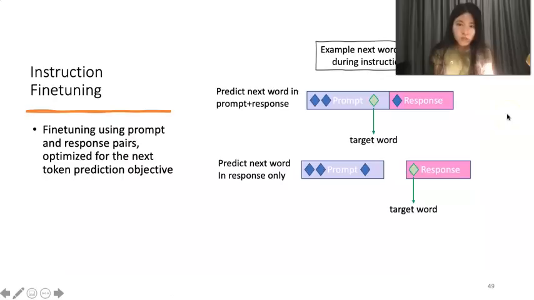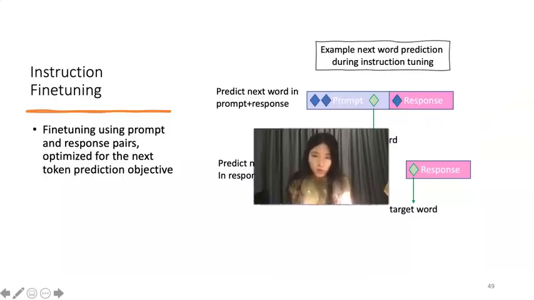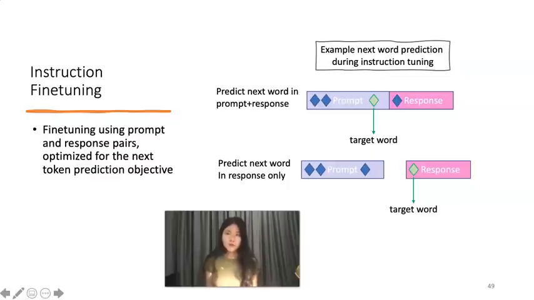One thing I want to share with you is that for instruction fine-tuning, since our input will be prompt and response pairs and we are optimizing for the next token prediction objective, what tokens are to be considered in our prediction? Because we now don't just have raw text, we have a prompt and a response, there could be both ways.